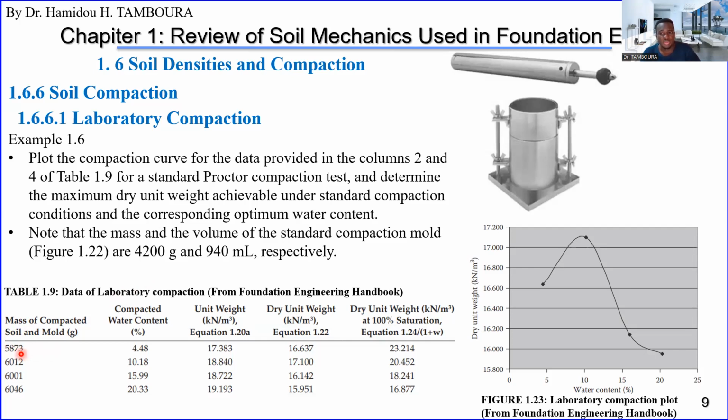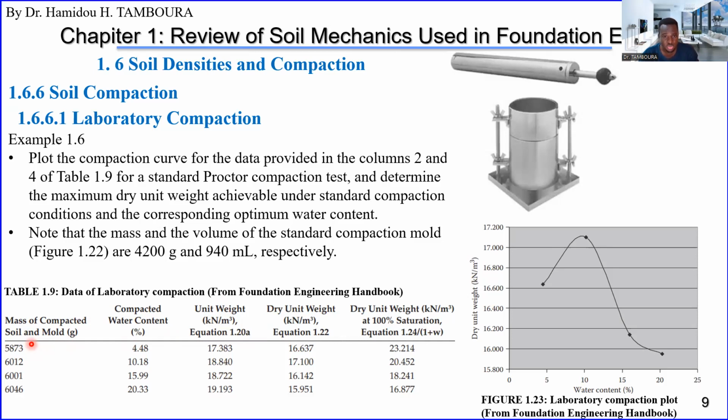Then you can utilize the formula: the mass divided by volume. But if you want the unit weight in kilonewton, you have to convert the mass into weight. Kilogram multiplied by g, the gravity, 9.81, gives you Newton.